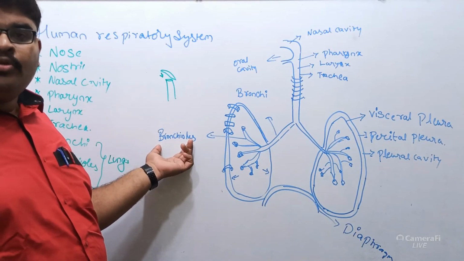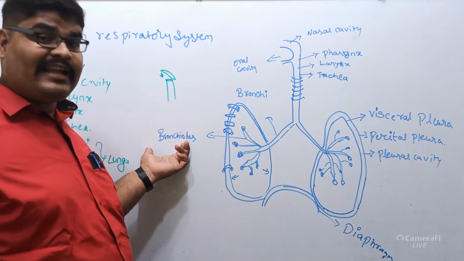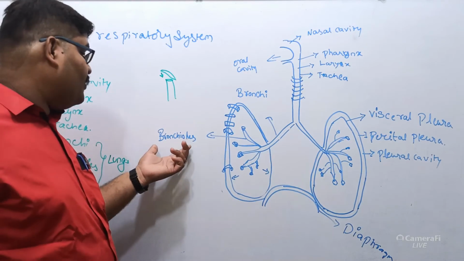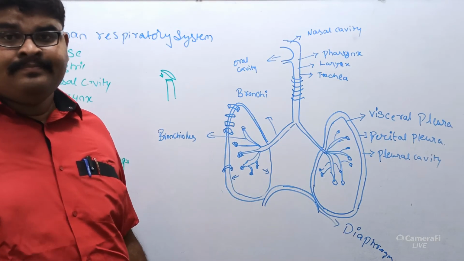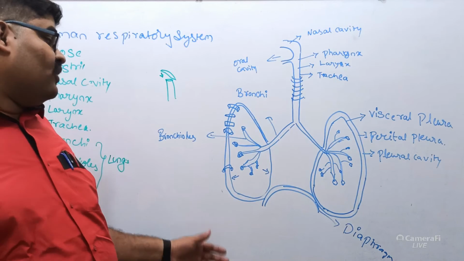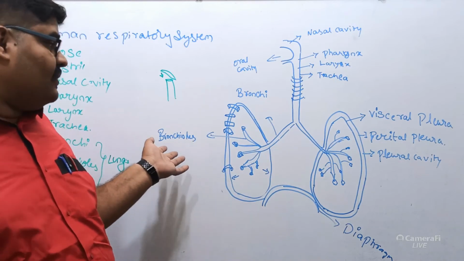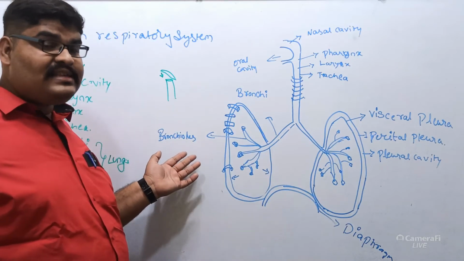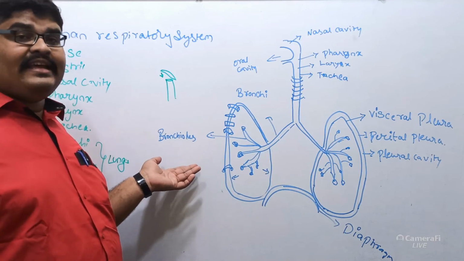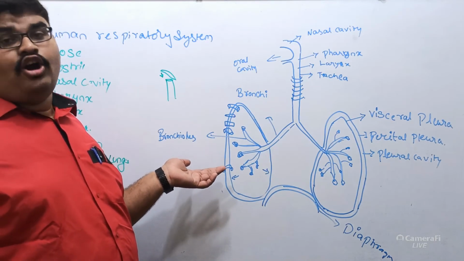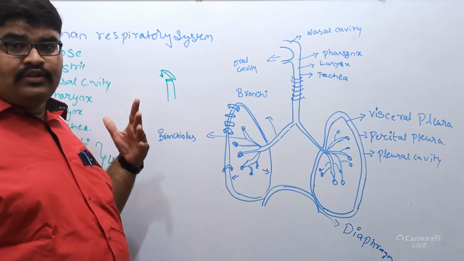At the terminal of the bronchioles, we have balloon or sac-like structures, air sac-like structures. They are called alveoli. These alveoli have an intensive network of blood vessels which help in diffusing in the oxygen and diffusing out carbon dioxide when the blood is flowing through them.